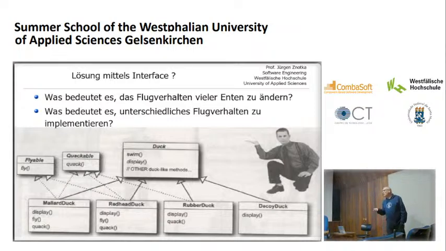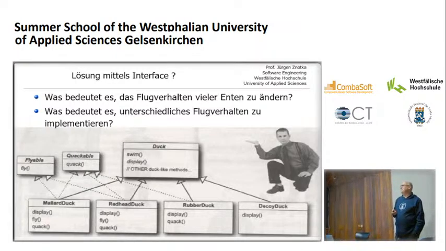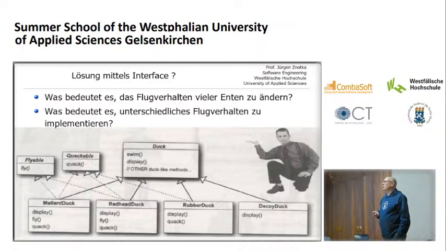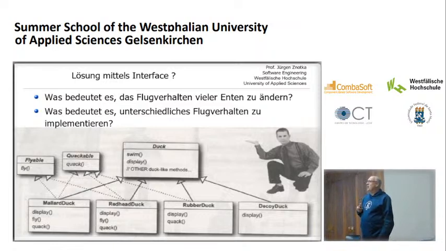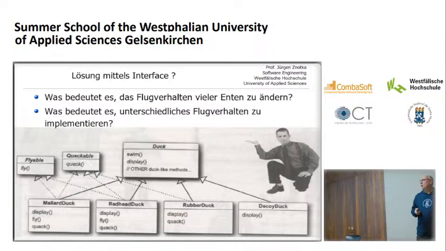So we have a solution for the problem, but it's not a good one, because if we have different flyable ducks, maybe more ways that ducks can fly, we would have to implement different flyable structures, which is difficult to implement.